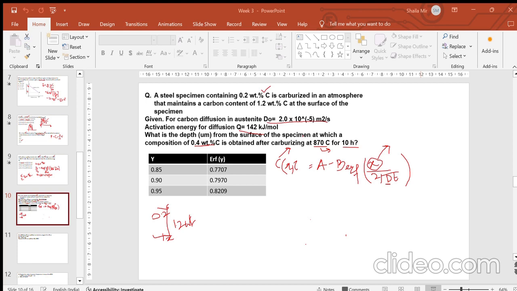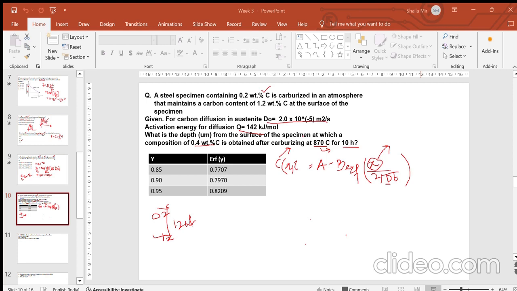The value of your K is given, the value of your Q is given, the Boltzmann constant is given. You're just increasing the temperature. So I will skip this question, as we have solved it earlier as an example. I'm also skipping this one. We can do this in the next class.